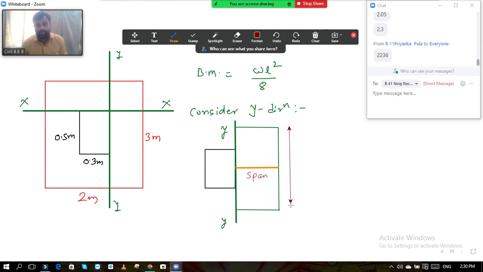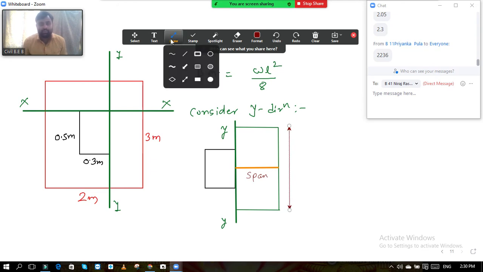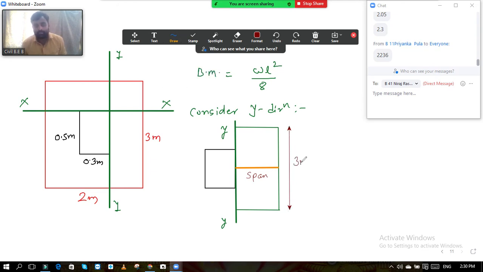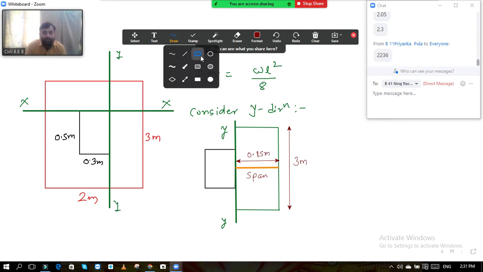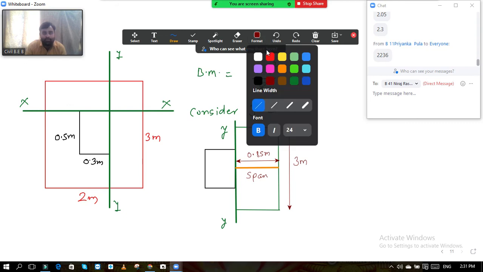This also we have already calculated. How much is this length? If the total is 2 meter, it is 1 minus 0.3, so this is 0.85 meter.